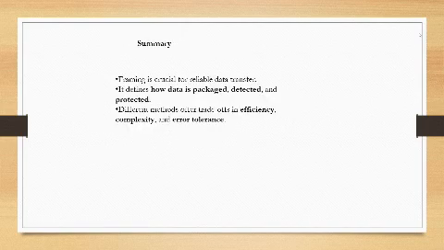So the next one is a summary of the framing topic. Framing is crucial for reliable data transfer. It defines how data is packed, detected, and protected. Different methods offer trade-offs of efficiency, complexity, and error tolerance. To sum up, framing is essential for reliable communication networks.